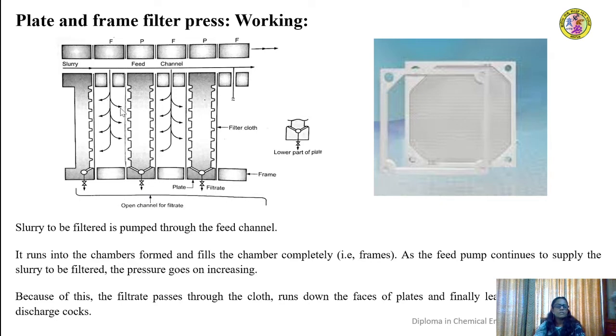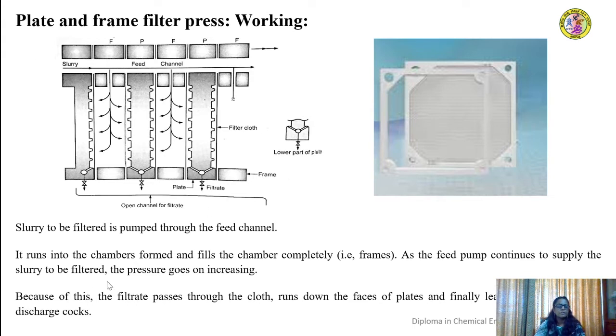So you can see here also the filtrate enters each cloth, then flows along the face of the plate, then through these cock openings through the discharge cock it enters the open channel meant for taking out the filtrate. So that is how a filter press can be operated to carry out the filtration of the given slurry.